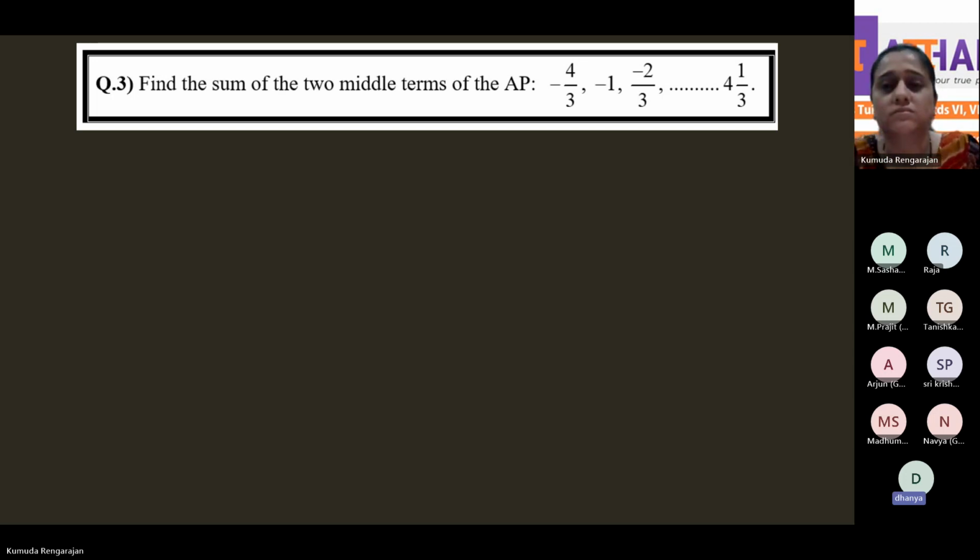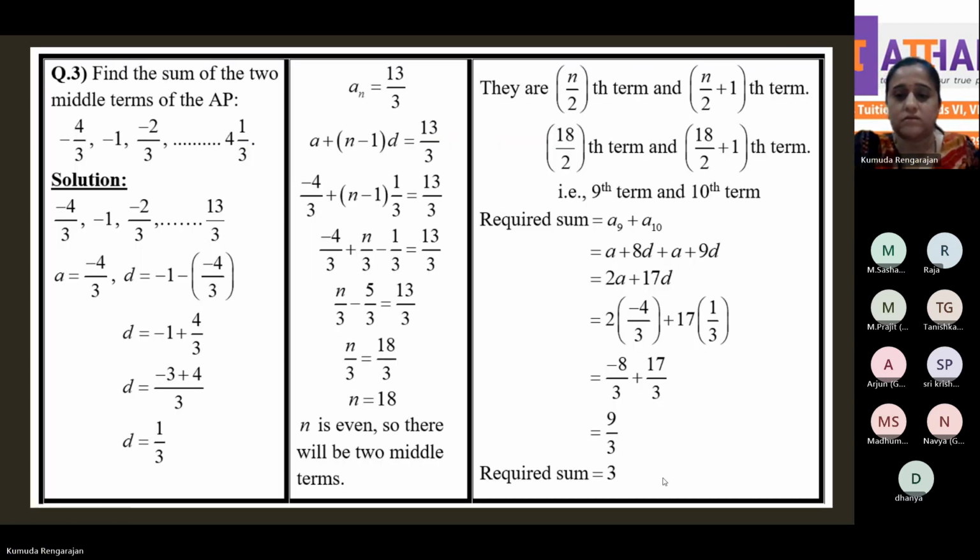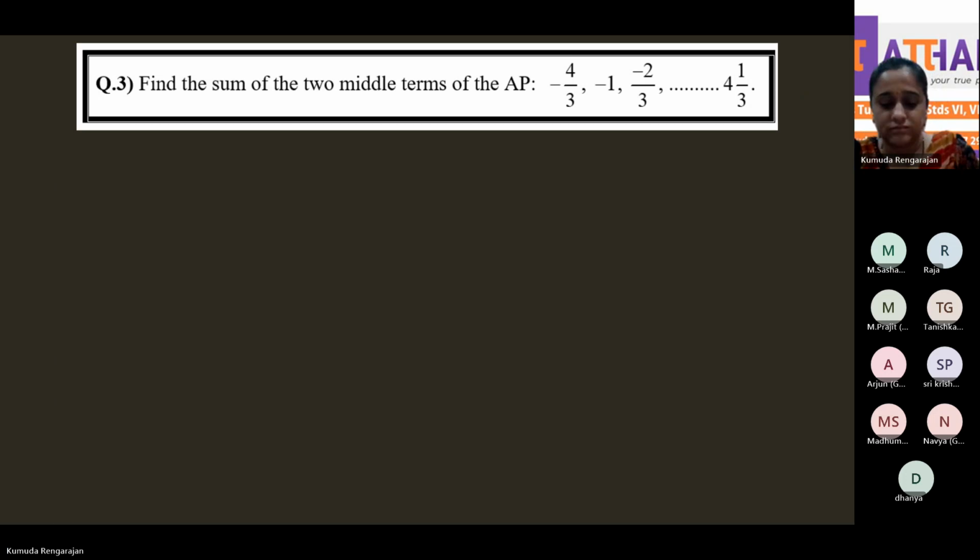Ma'am, is the sum of the middle terms 1? No. No. Ma'am, is n equals 18 and sum 3, ma'am? Yeah. Yeah, Navya, take a picture of your working and share it on WhatsApp with me.